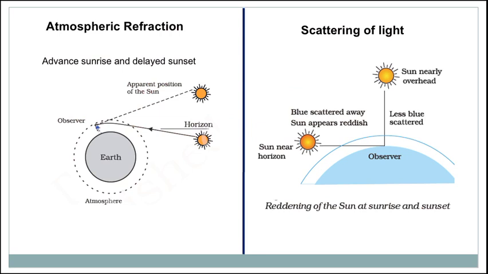Here you can also see that blue is scattered away in the evening and morning time, thus we are not able to see that light, because in the morning and evening the light intensity is low, so we can only see the colors which have a higher wavelength.